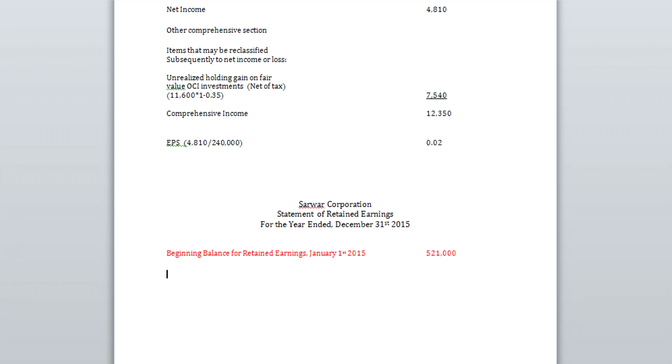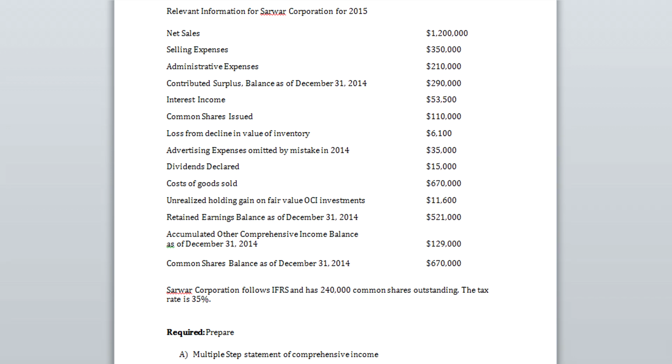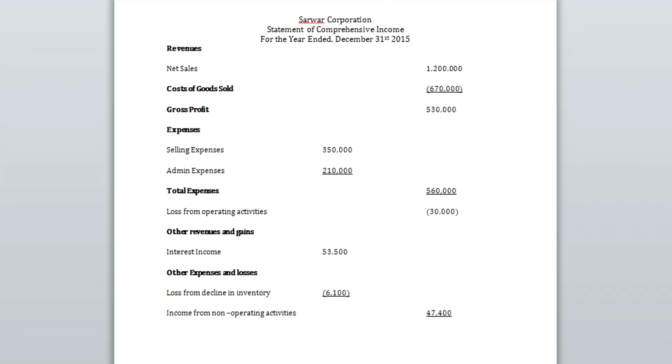Okay? And now this is where it's going to get a little bit interesting. Remember how I told you guys that this advertising expense omitted isn't included on the income statement, but included on the statement of retained earnings? Well, this is where it is included.